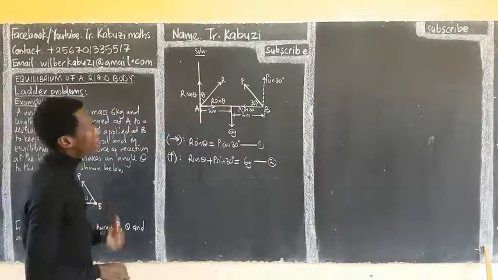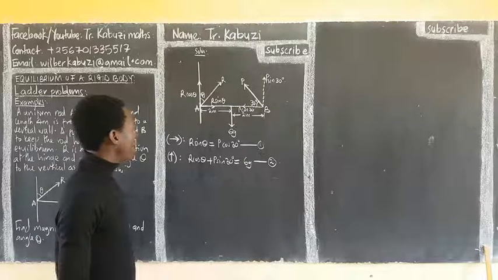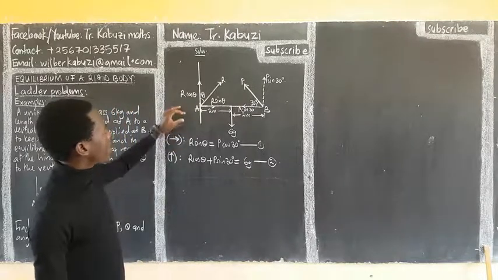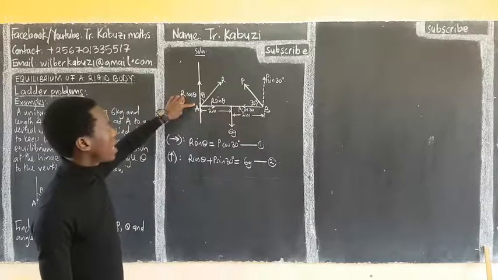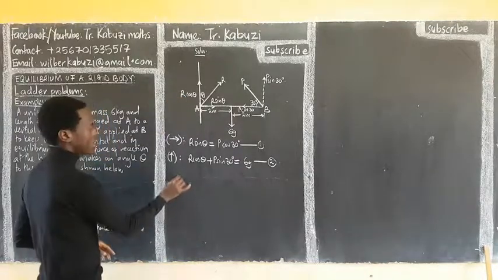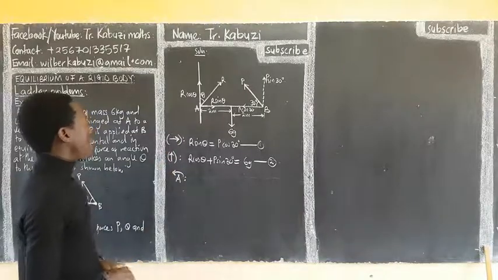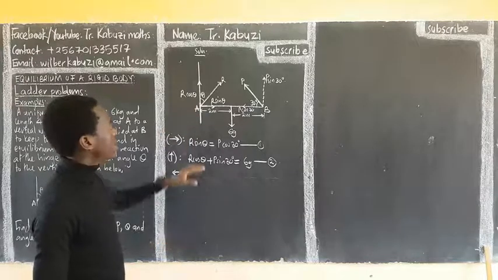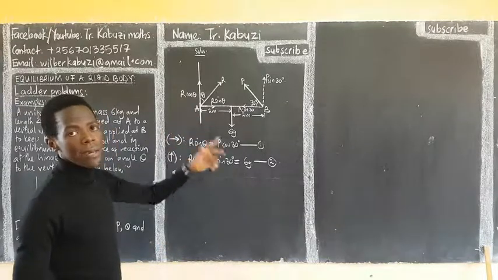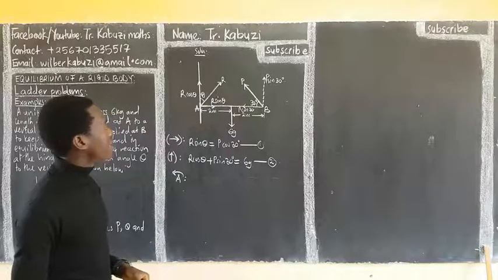Now it's about taking moments, but the question is where exactly are we going to take our moments from? Either here or here. Because we have a lot of unknowns here, we decide to take our moments at A. Using the principle of moments, the sum of anti-clockwise moments is equal to the sum of clockwise moments.